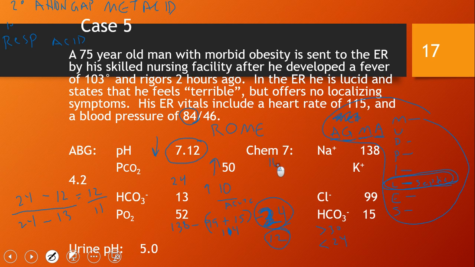So that was a change of 10. And this next one, HCO3. So 24 is normal. So for every one change, there should be a change of 4. And this is down like a ton. It's down 11. So that's more like a chronic.